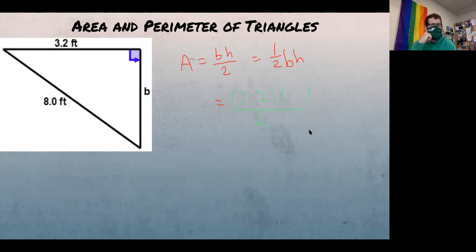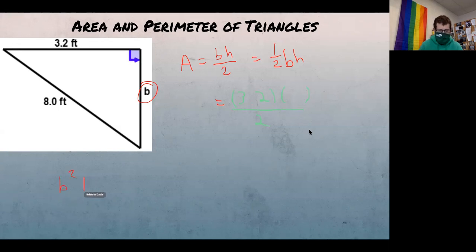We know one of the dimensions is 3.2 and the perpendicular dimension is this unknown right here. And we're not going to go through this entire problem. I just want to ask, what would we do to find that missing dimension? It's Pythagorean theorem again.